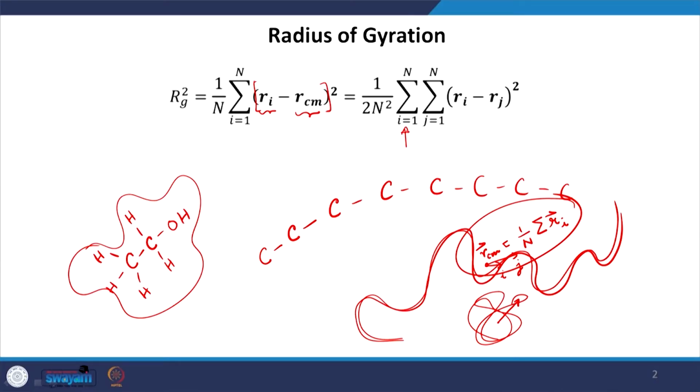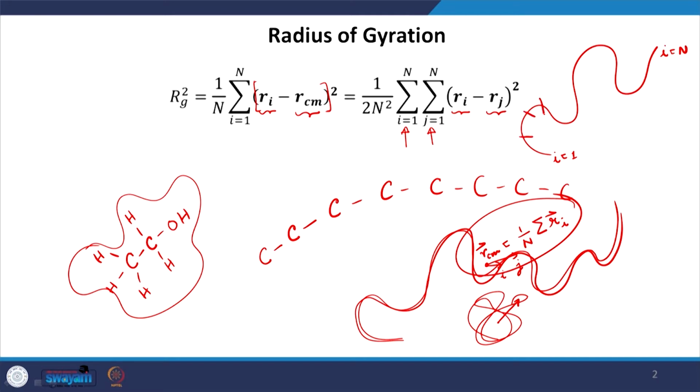The same quantity can also be written as basically two sums, where I am summing over all the units with index i, and then I sum over again the same units with index j, and essentially we compute the distance between the two units on the molecule. So let's say, for example, we start from i equal to 1 to i equal to n here.